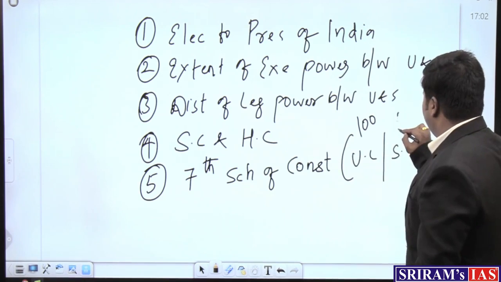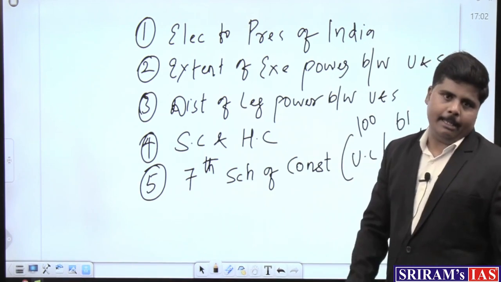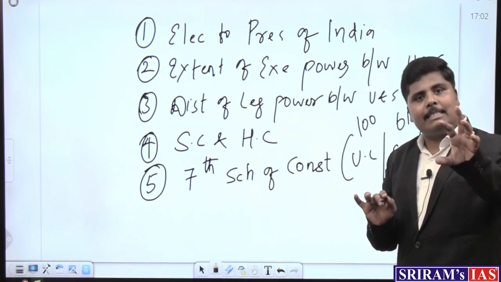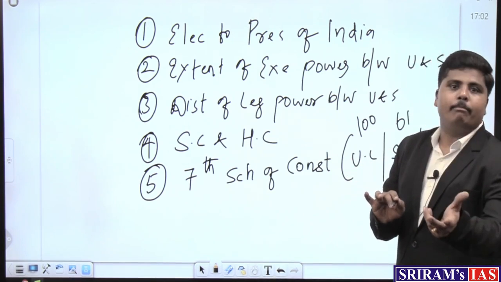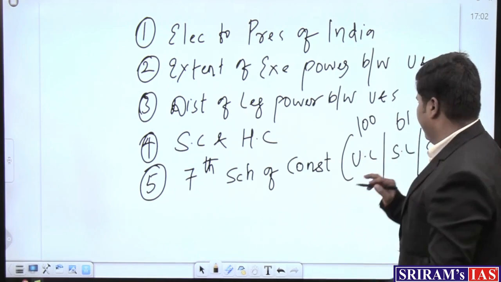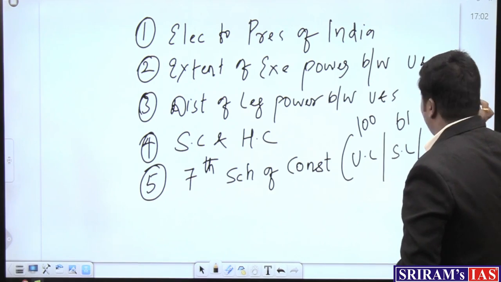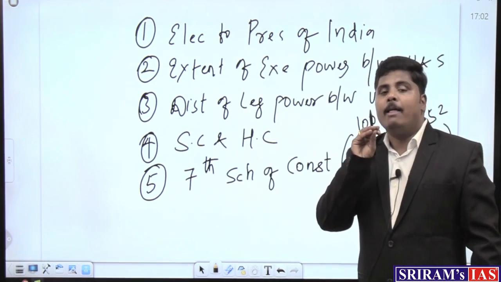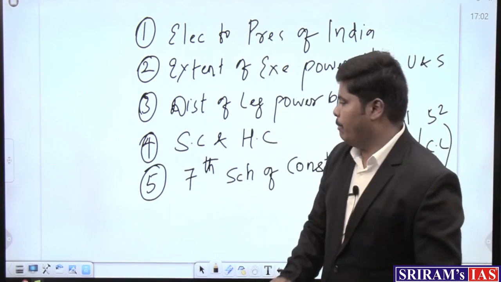We have 61 items in this area. Then the concurrent list, where state can make a law, center can make a law, but finally the law made by the center will prevail. In this we have 52 items. If you want to change this, you need to get 50% of the states' permission.